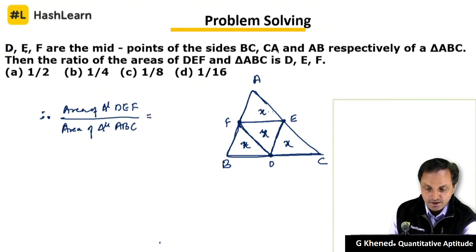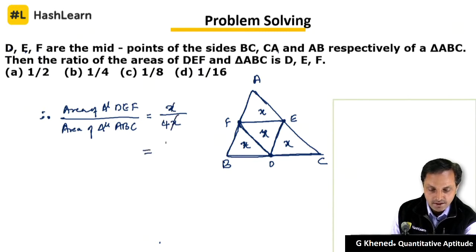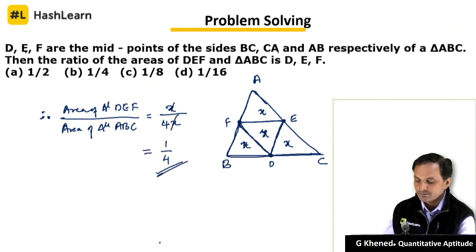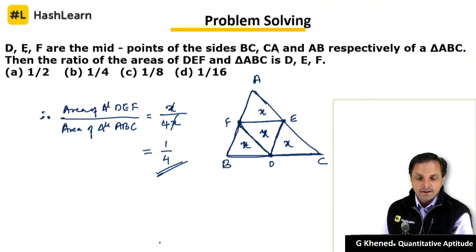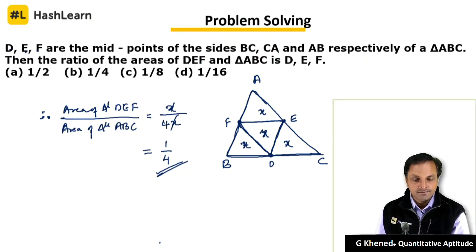DEF will be X, whereas the total area of triangle ABC will be 4X. When X is cancelled, 1 by 4 is the ratio of the respective areas of the triangles.